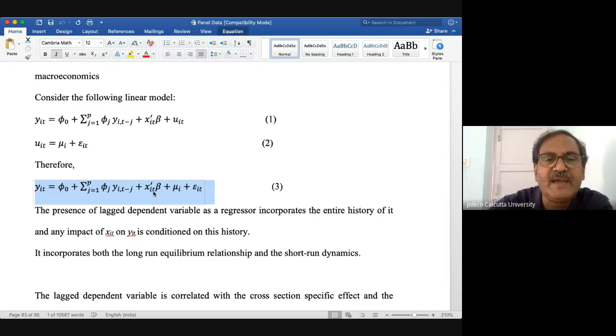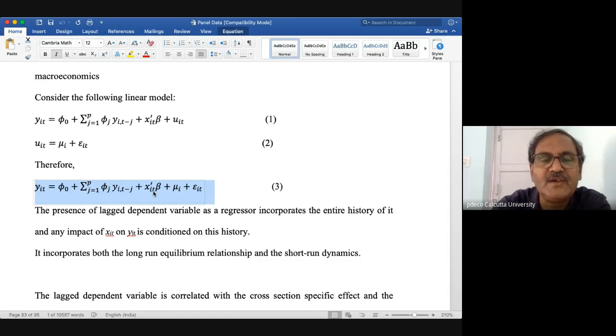If you go through the macroeconomic model, you know GDP depends on the rate of interest. GDP depends on other macro variables. So if you incorporate within X other than GDP the explanatory factors for GDP, and these explanatory factors may be contemporaneous as well as past values.